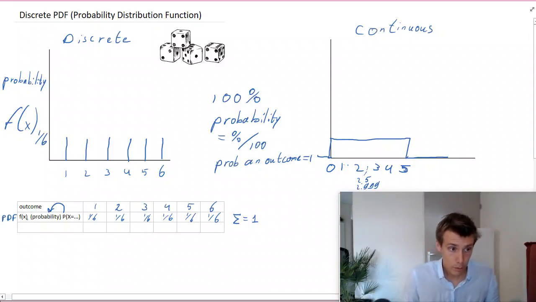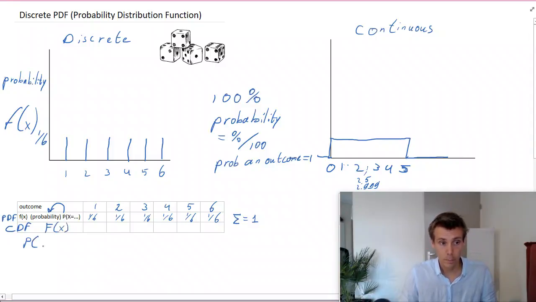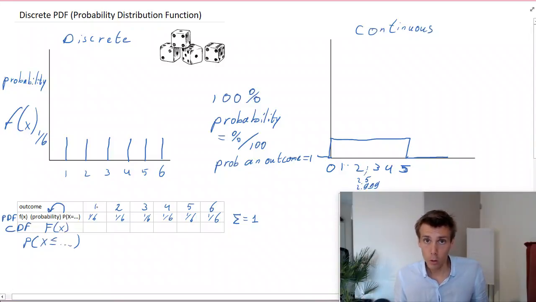What's also important is there's the probability distribution function, but there's also the cumulative distribution function, denoted as the capital F(x), or denoted as the probability that X is smaller or equal than a number. Like throwing a 1 or lower with the dice, you can only throw a 1.